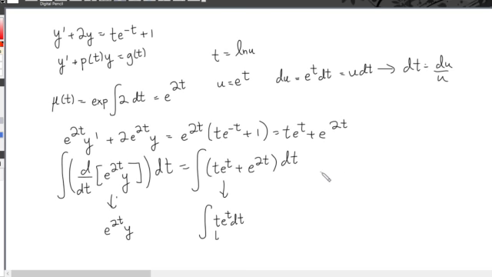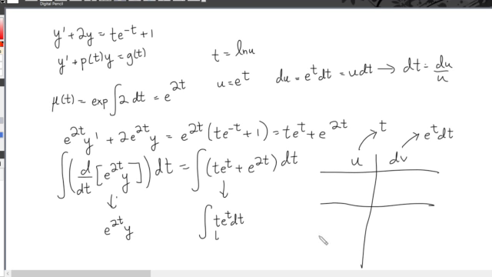Oh no, I can just use the tabular thing. Okay, so u, dv. And in this case, u will be t and dv will be this.